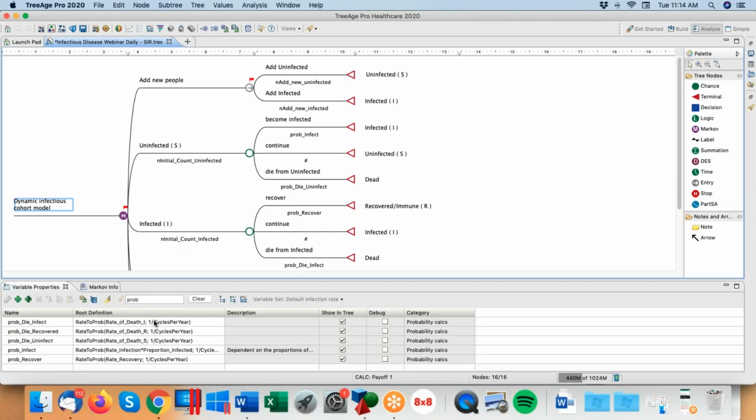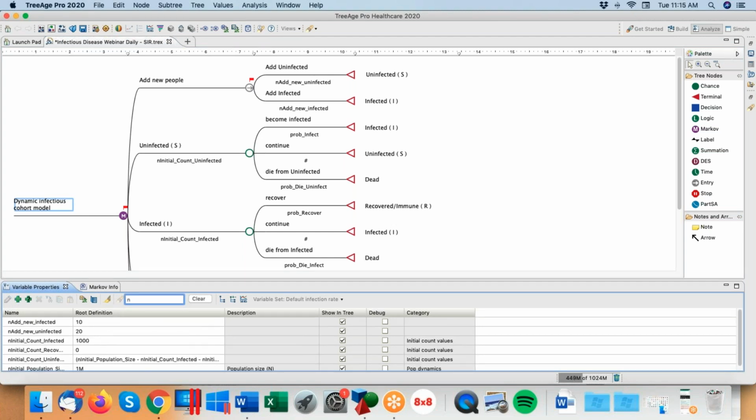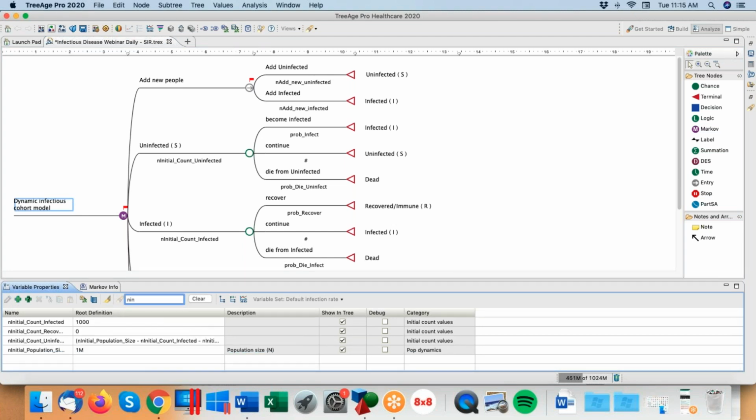Let's look at those counts, my variables. I just started them all with n, so I can easily get to them. N initial, and you see I'm starting with a total population of 1 million people, a number of infected people of 1,000 people, and then the uninfected is just anyone who's left.